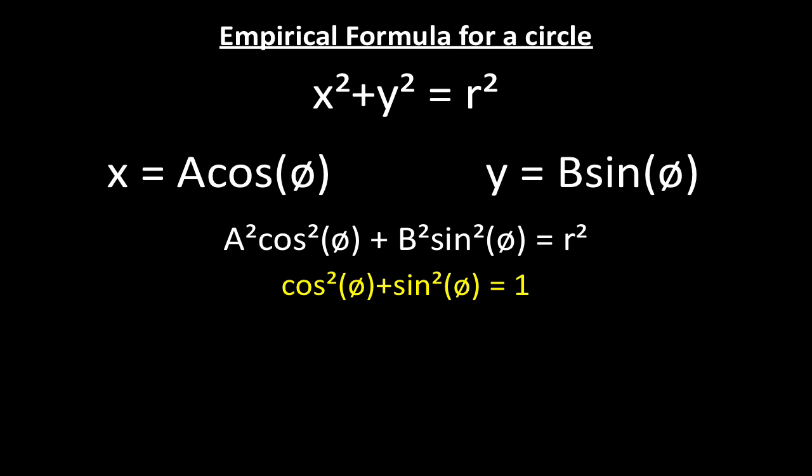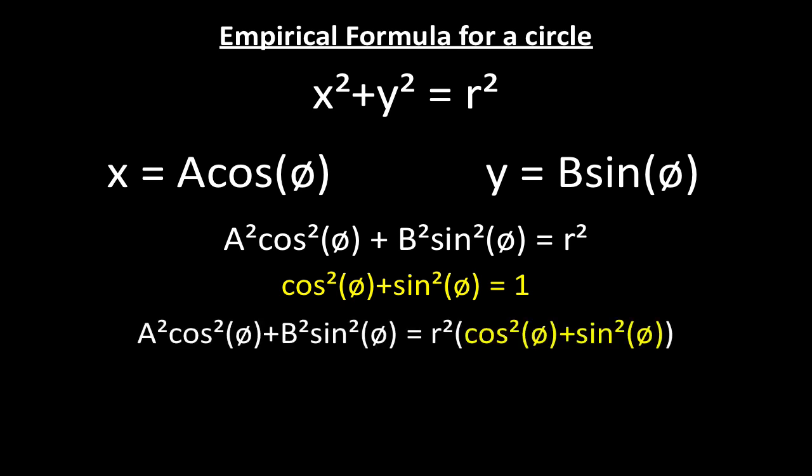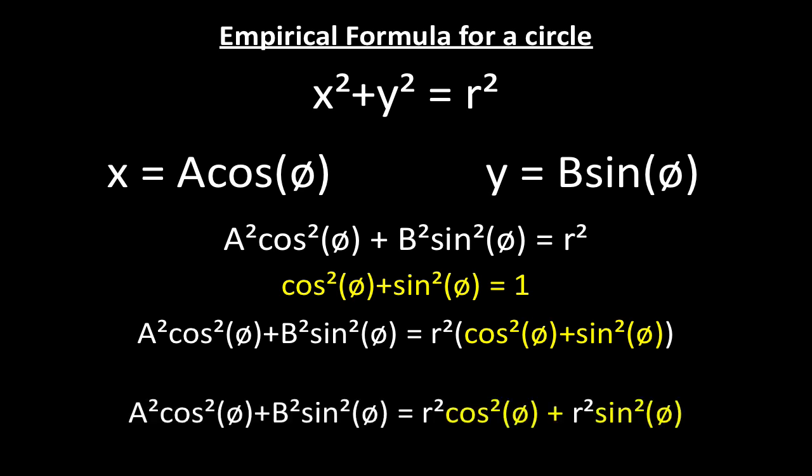If we sub this identity into the right hand side of the equation, we get a squared cos squared phi plus b squared sin squared phi equals r squared (cos squared phi plus sin squared phi). By expanding the brackets, we get a squared cos squared phi plus b squared sin squared phi equals r squared cos squared phi plus r squared sin squared phi.